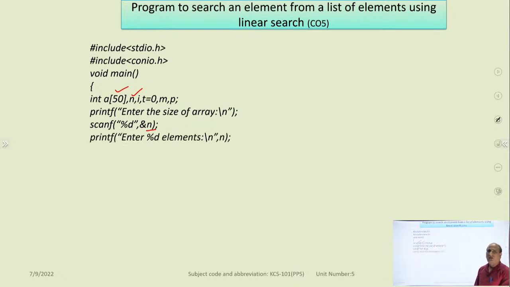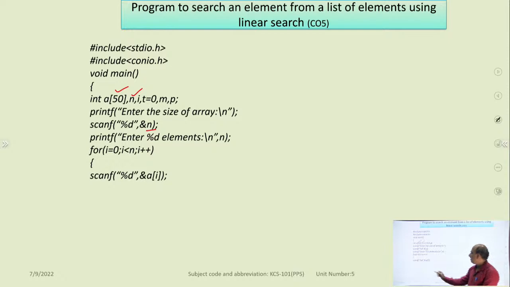For storing those elements, we have written this for loop, for i equals 0, i less than n, i plus plus, and here I have scanned the array A of i. The user will keep entering values up to n, and those n values will be stored in the array A of i.